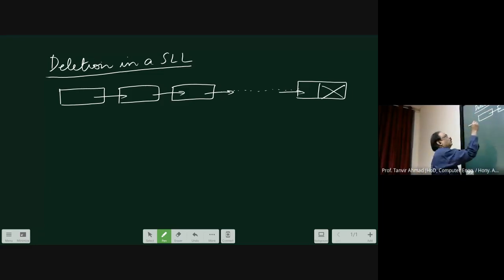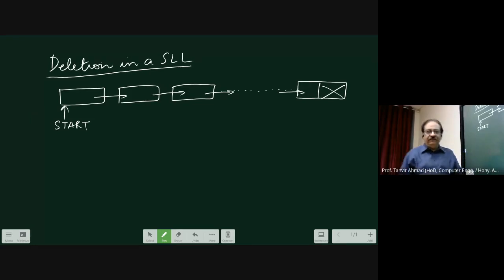Suppose this is the linked list. And you have only one pointer over here, which is called start, or also called sometimes head.